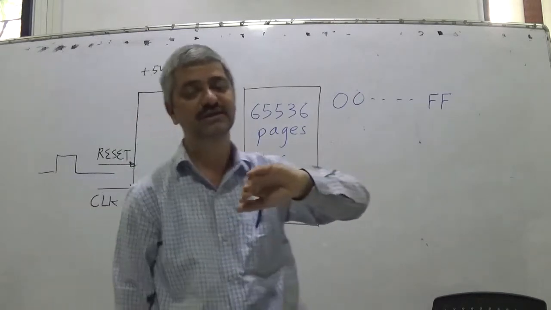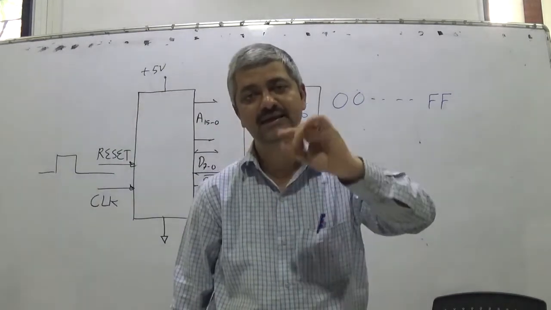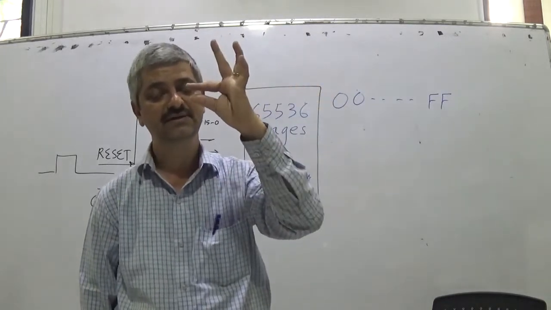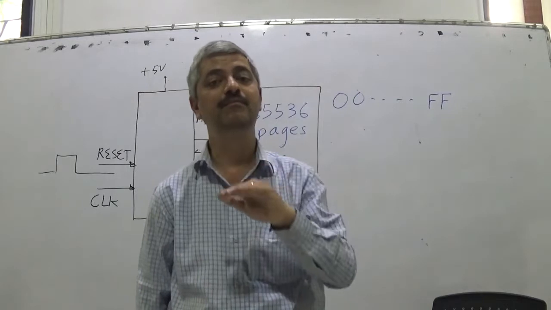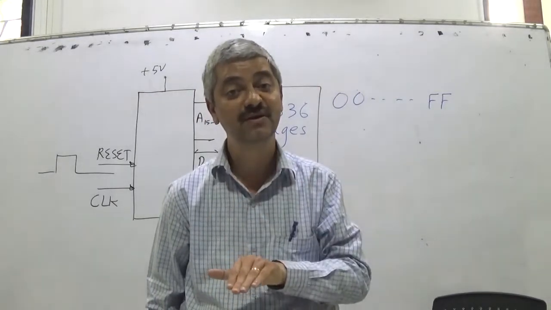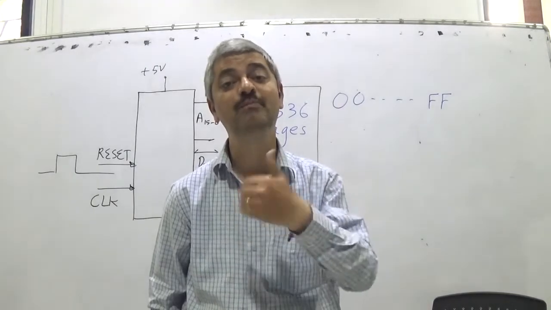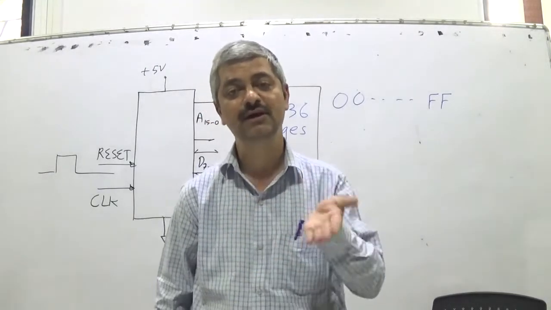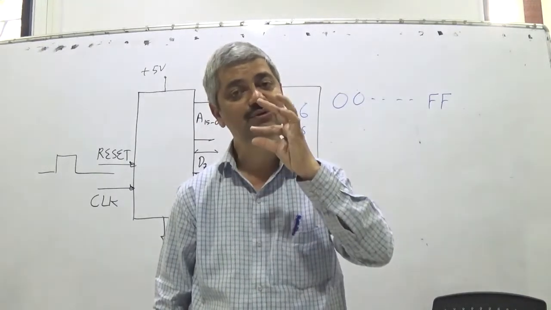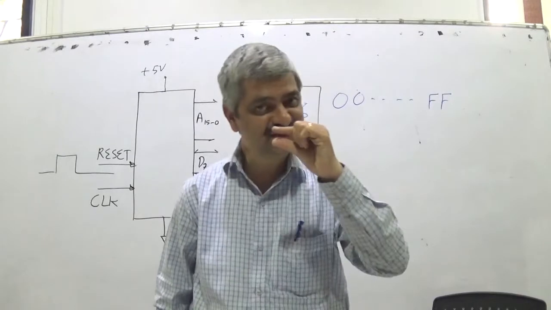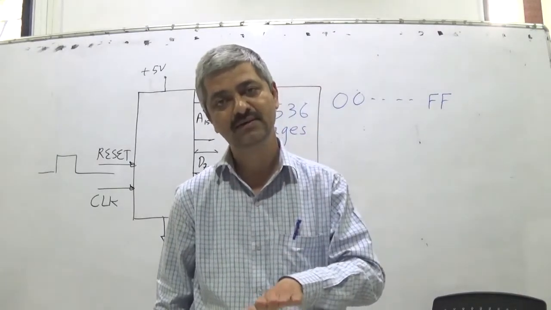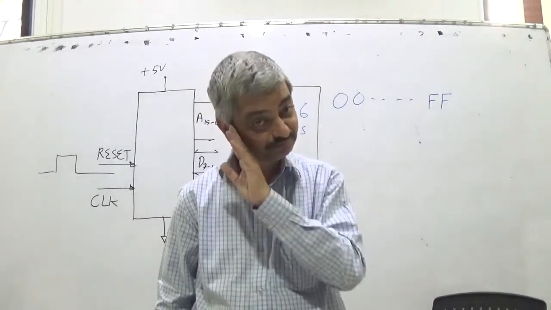For each address, a separate entity is referred, just like pages in a notebook with page numbers. For every page number, a new page is accessed. So for every address line combination, a new location is referred. Now that location, the page in a notebook, as I had stated, is either pre-printed or you can write.